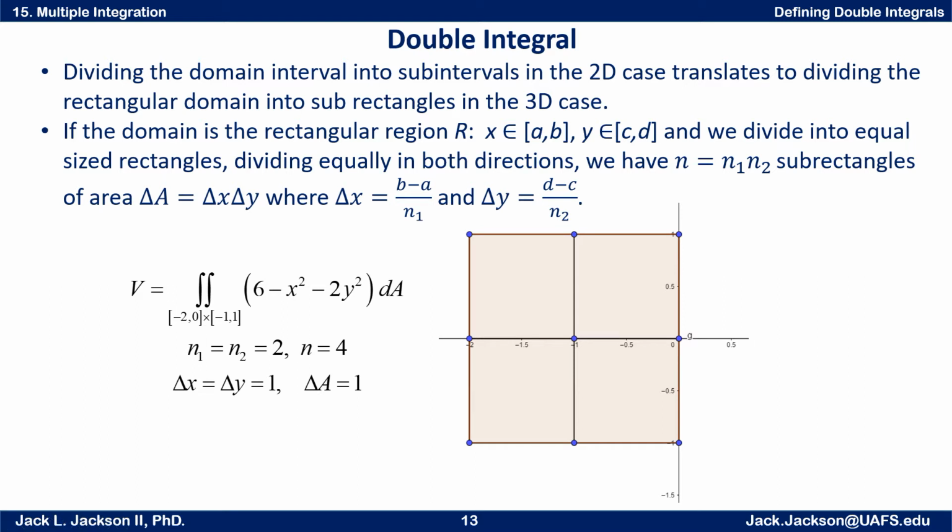And delta y, if we make them all the same, goes from c up to d, so that distance is d minus c. We divide that into n2 pieces, so delta y is d minus c divided by n2 each time. Of course, the area is delta y times delta x.